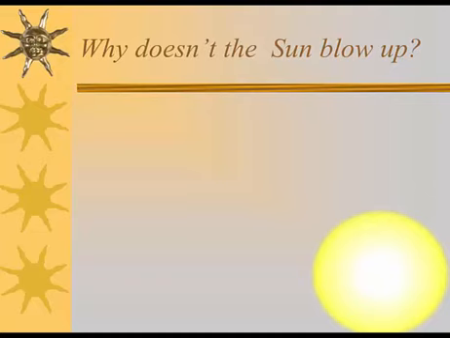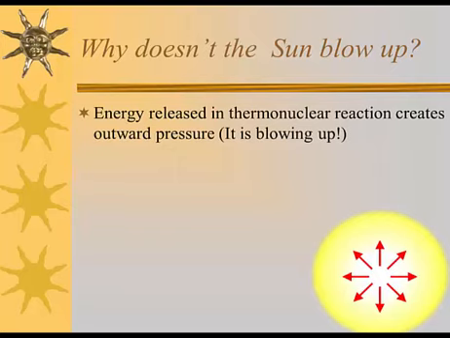Others ask, when will the Sun blow up? This question is actually kind of interesting because it sort of misses the point. You see, energy is released through thermonuclear reactions. The Sun is blowing up. That's what stars do. So maybe a better question is, why doesn't the Sun blow itself apart into small pieces?